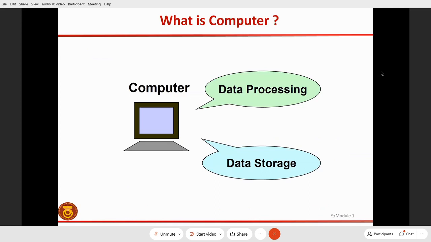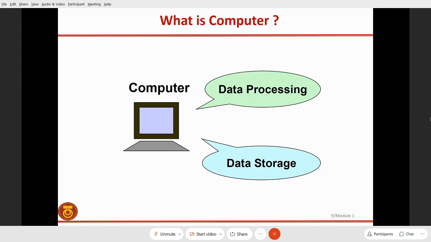Later on, we will understand about data and the program or the code. We will be able to differentiate this terminology throughout the course. We will use these two terms: data and code or program.